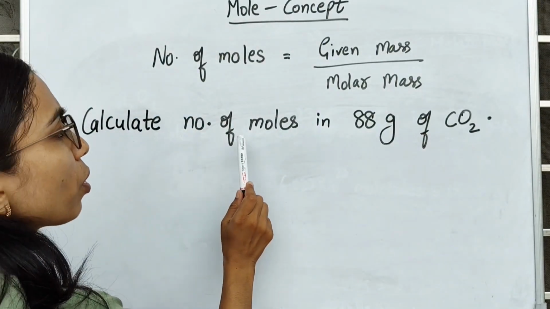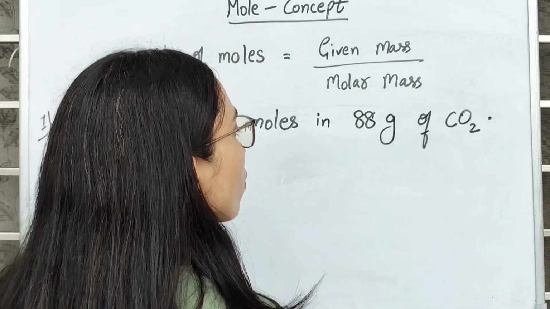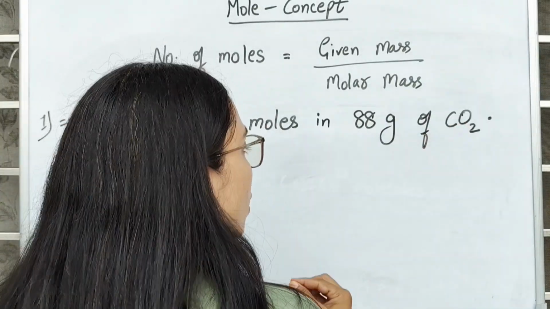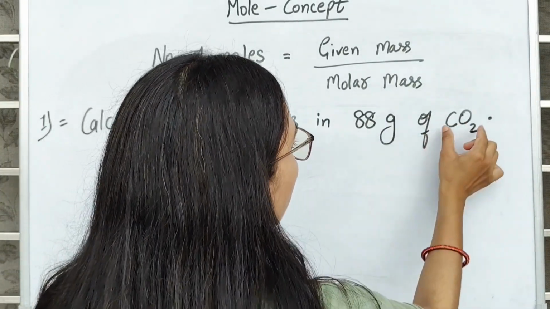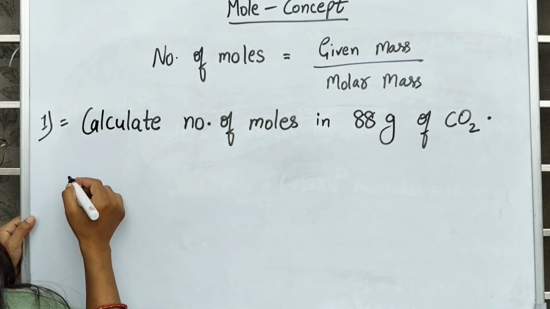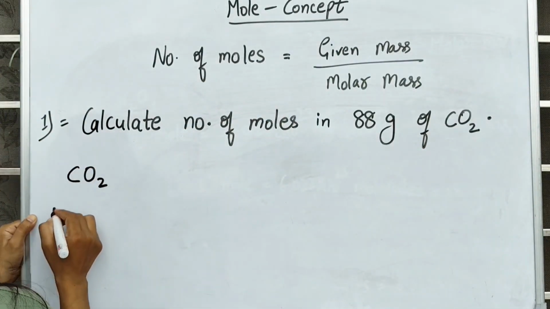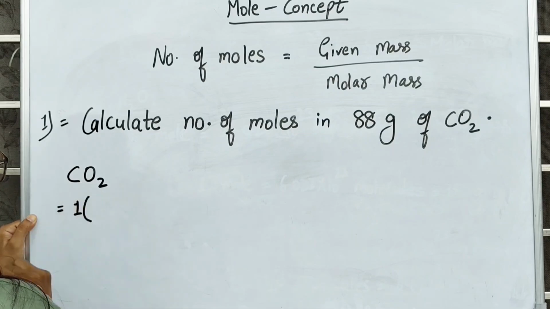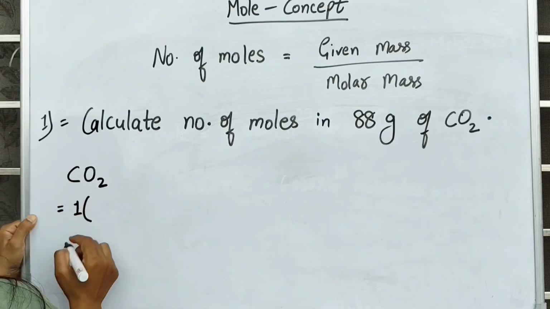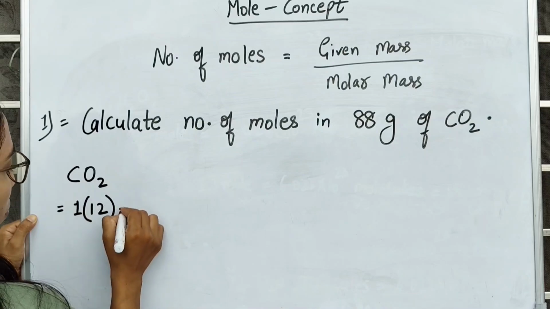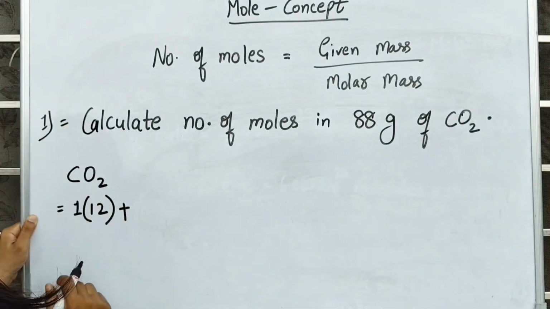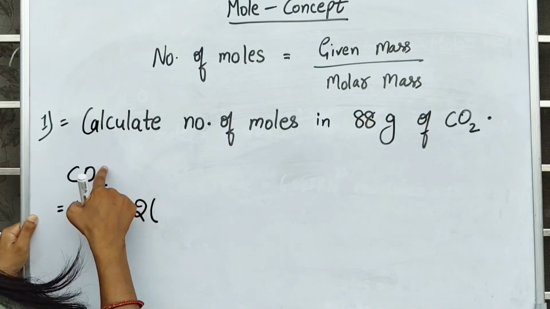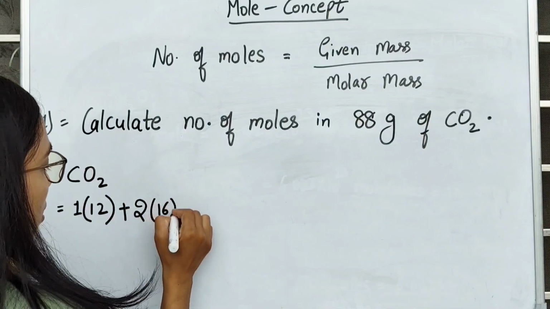The question is: calculate the number of moles in 88 gram of CO2, carbon dioxide. First of all, you have to calculate the molar mass of carbon dioxide. The number of carbon atoms is 1, multiplied by the atomic mass of carbon, which is 12, plus 2 oxygen atoms, so 2 multiplied by the atomic mass of oxygen, which is 16.